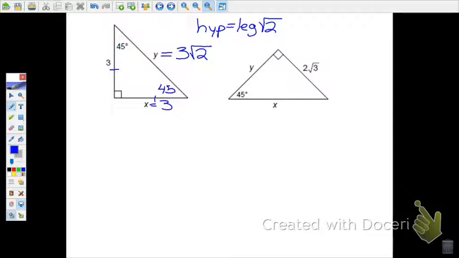Okay? So that was much easier than doing 3 squared plus 3 squared equals y squared. So 9 plus 9, which is 18, equals y squared. Take the square root of both sides.